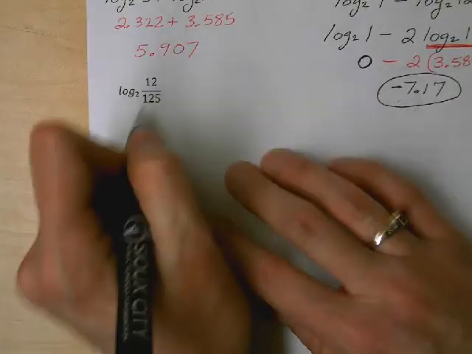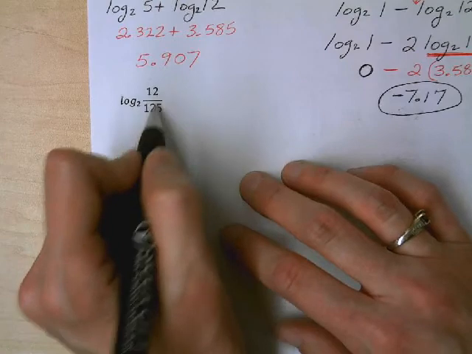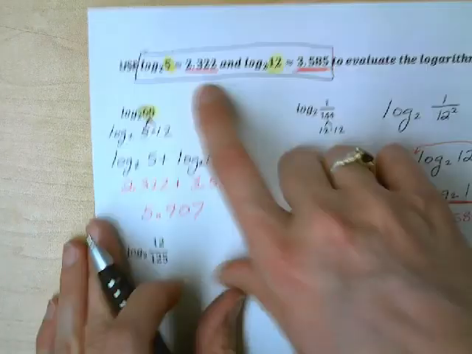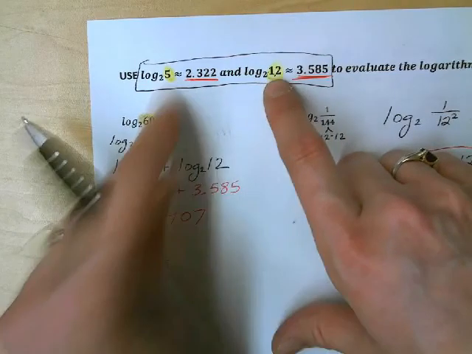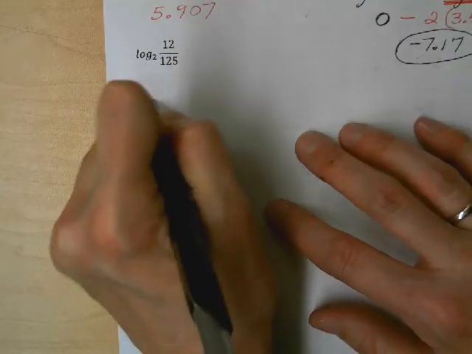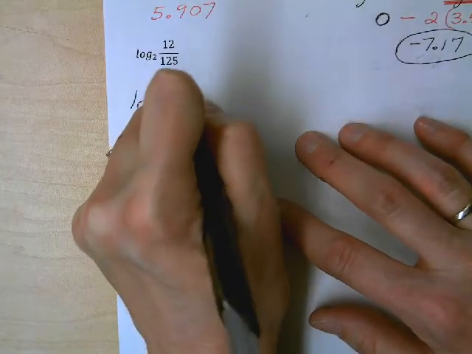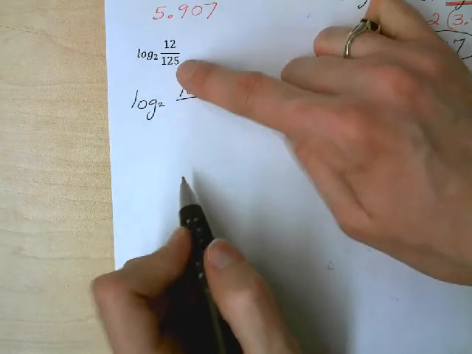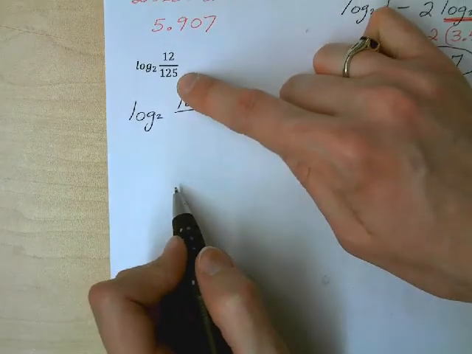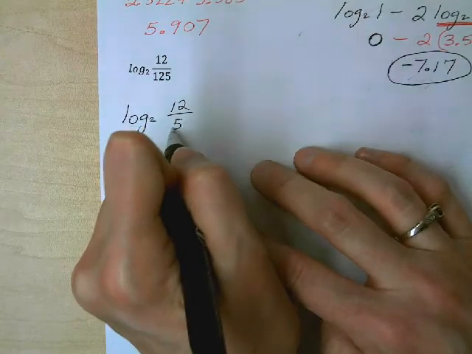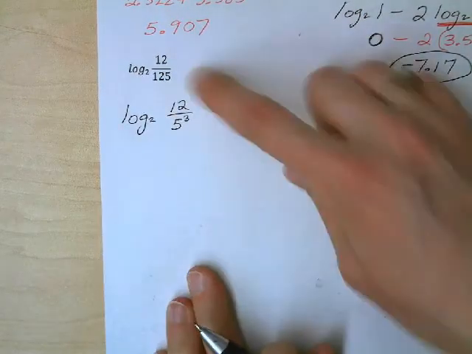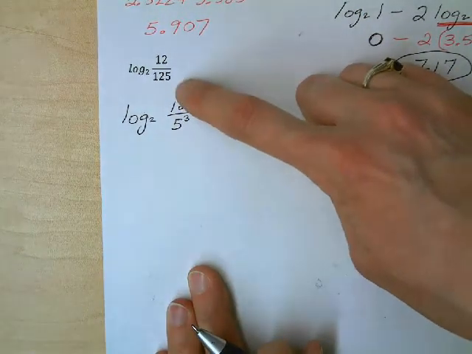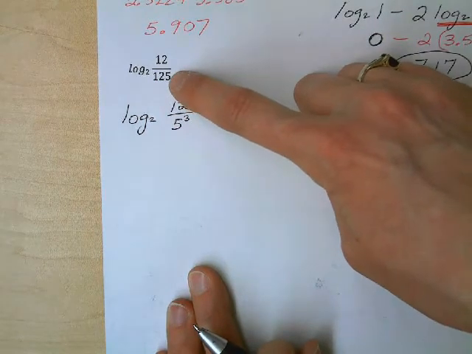I mean, I can go through it quickly. Same type of thing. You have to think about how the 12s and 5s that they gave you at the top are related to the numbers they give you in yours. And I think most of you are seeing how this works. Doesn't 5 go into 125? If you figure it out, it's 5 to the 3rd power makes 125. 5 times 5 times 5 makes 125.